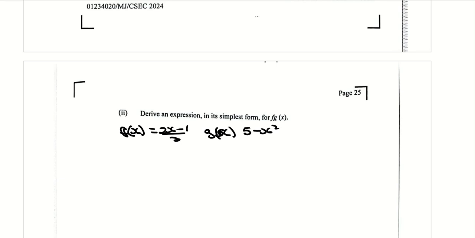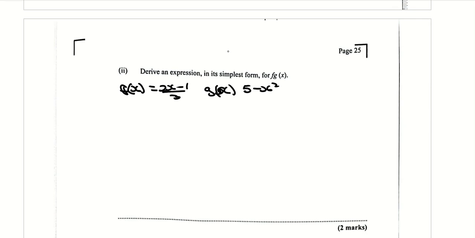So this is what we call a composite function. When we have fg of x, the first thing that you do is put a bracket between the two functions, that is between f and g. So what is g of x? It will be f of 5 minus x squared. Alright?